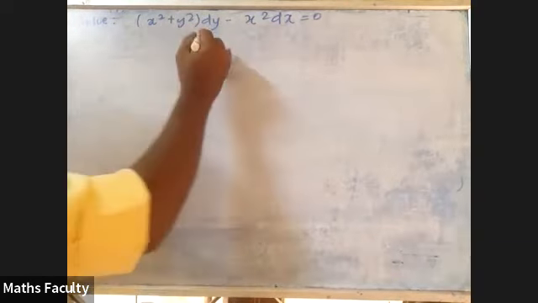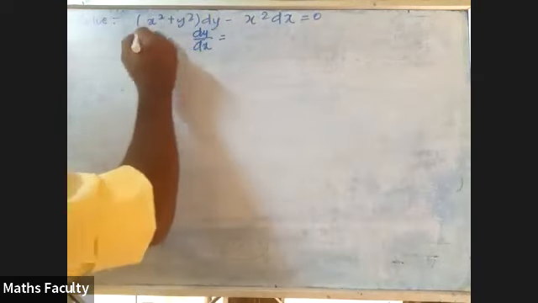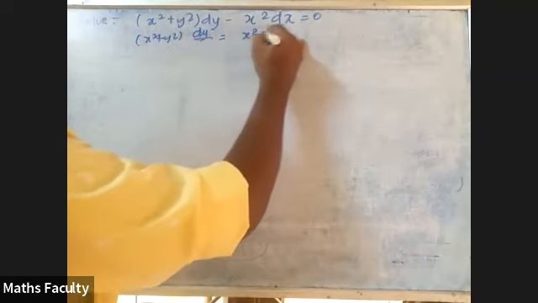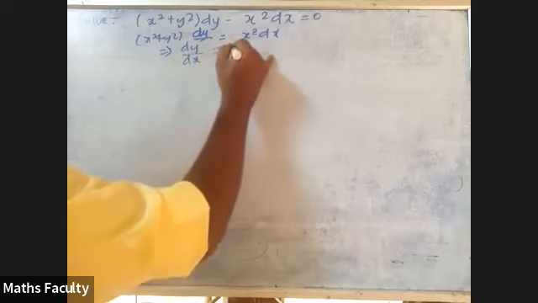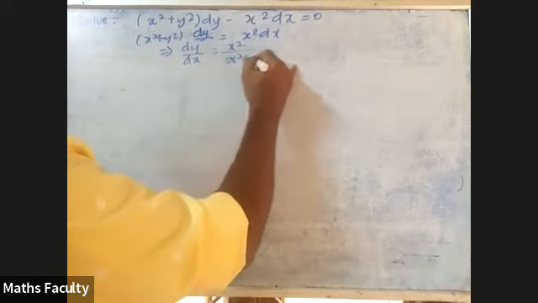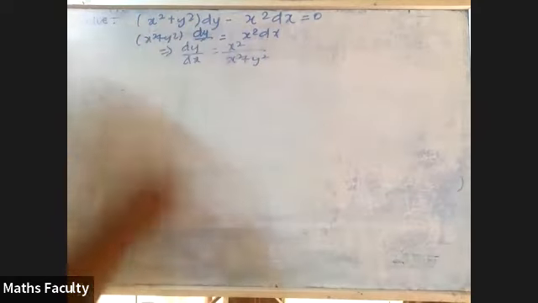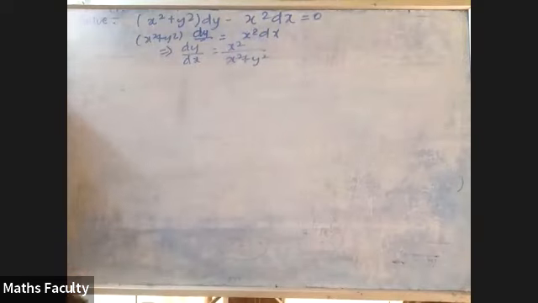Now I can write in terms of dy by dx. How? Bring this to that side: (x square plus y square) dy equals x square dx, which implies dy by dx is equals to x square divided by x square plus y square. Now listen here. See the degree in the numerator, 2. See the degree in the denominator, 2. So both are 2, 2.